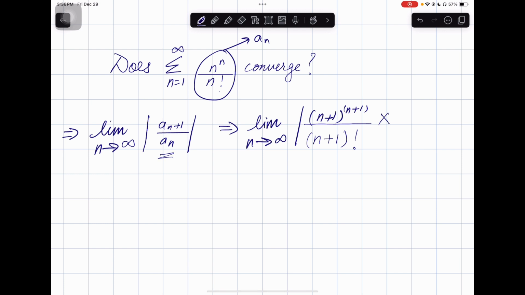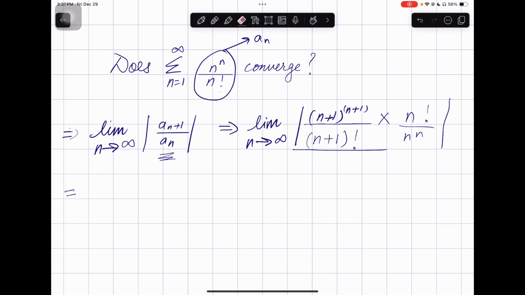Times, now we are talking about a_n, n factorial by n to the power n. How did I get this? Because we had n to the power n by n factorial, and when we reciprocate it, then we get this thing. So I just skipped one step right over there.